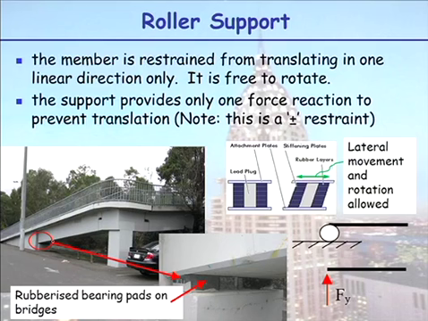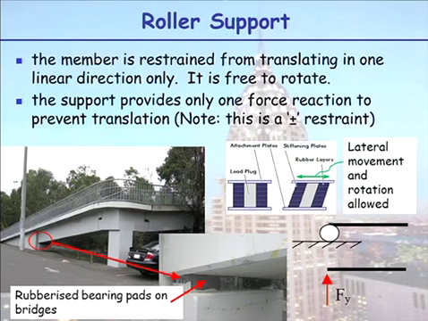All the rubberised bearing pads supporting the bridge. Now what these bearing pads do is they allow no vertical movement, but they actually shear quite a bit. So they allow sideways movement, and they also allow rotation.